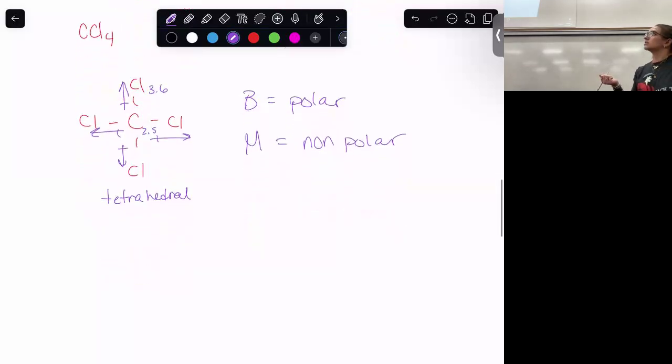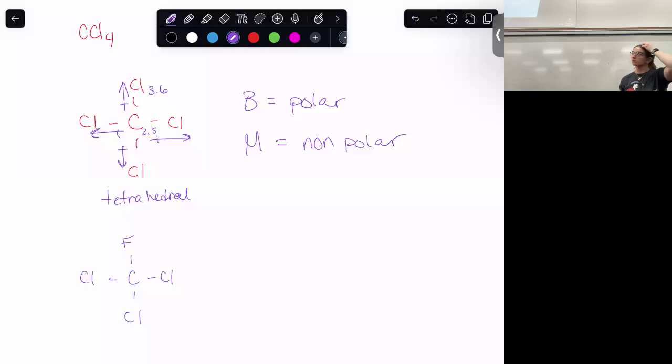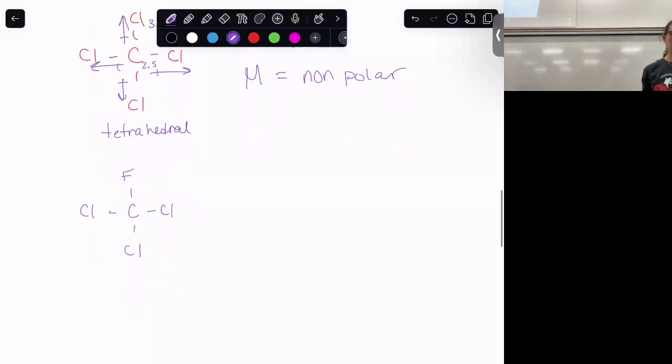So going off of that, if we have now this molecule, we still have a tetrahedral shape. What are our dipoles doing here?